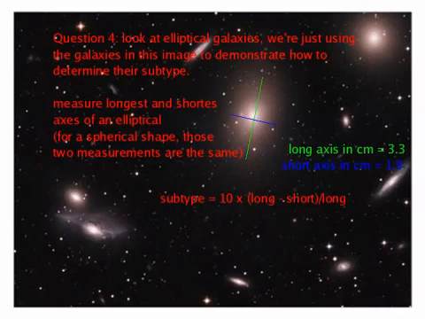So the subtype of this elliptical galaxy would be 10 times 3.3 minus 1.9. Okay, and first we want to make sure that we take this difference before we do anything with it, and then divide that by 3.3. So here we have to be careful with the order of operations.